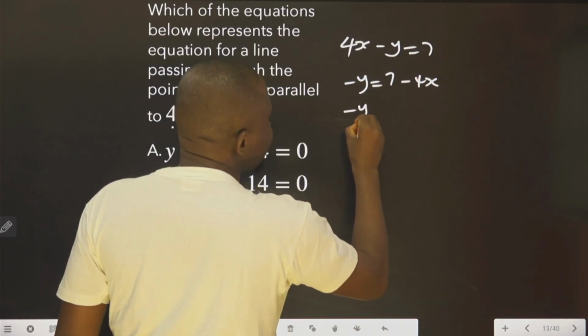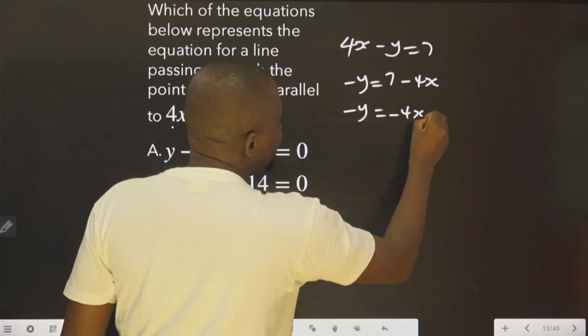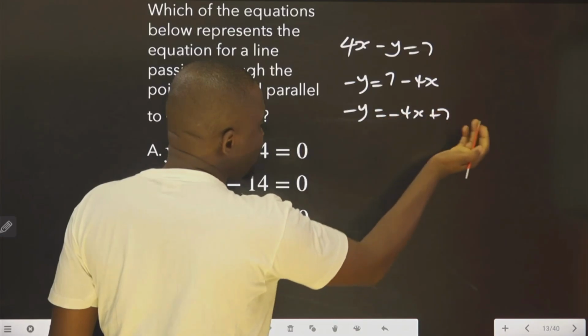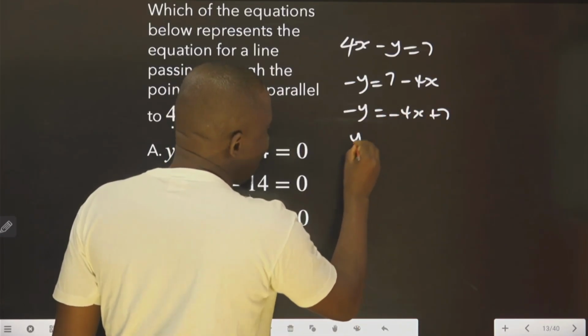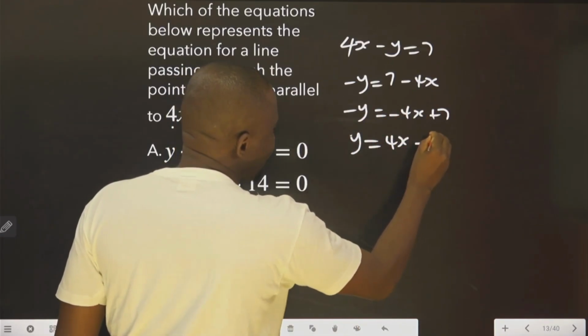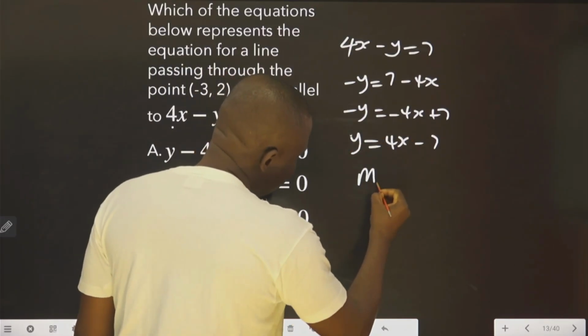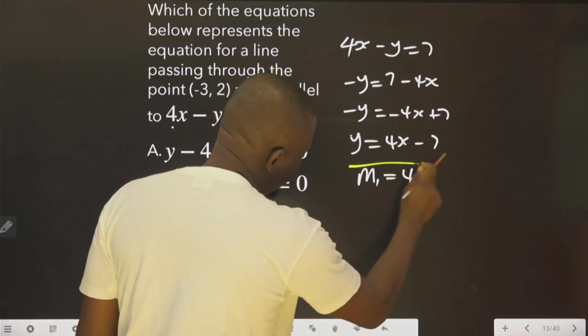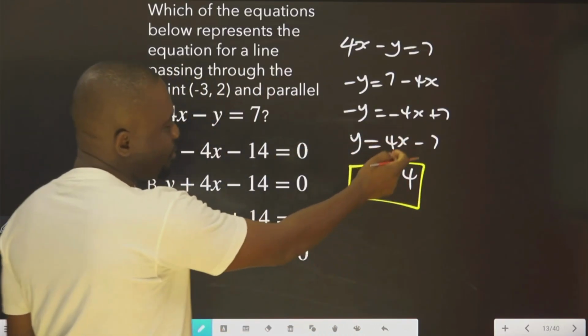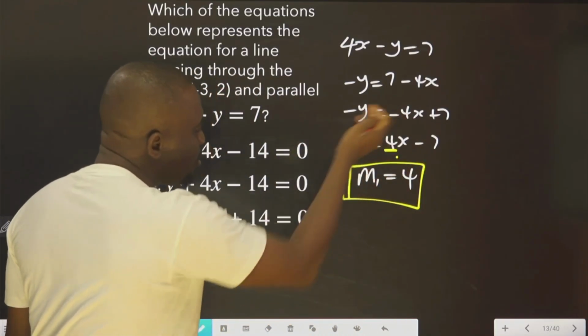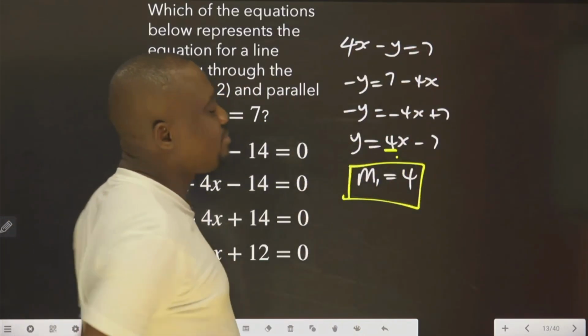We can say this is equals to minus 4x plus 7. We divide throughout by minus 1 to have y here equals 4x minus 7. Okay? So the slope here now, let's call it m1, is 4. This 4 you are seeing here is the slope of this line.